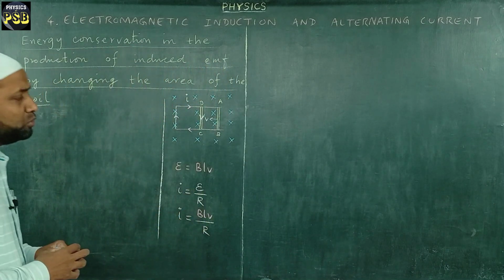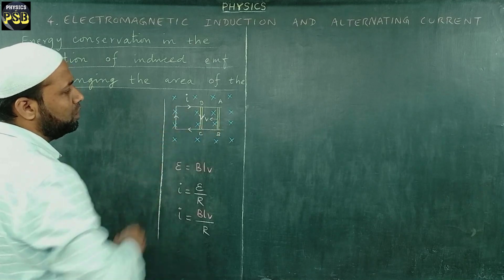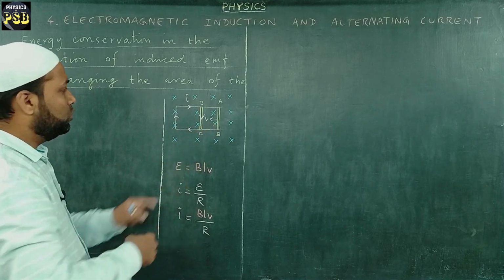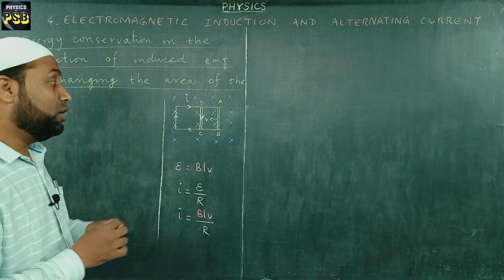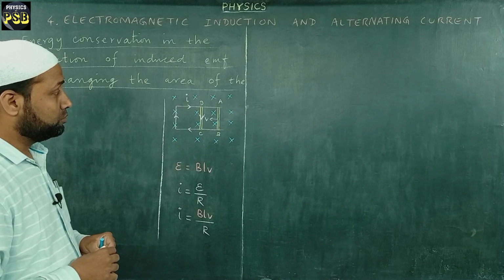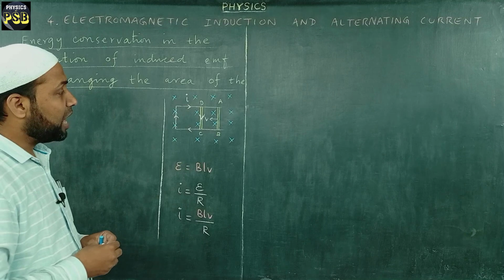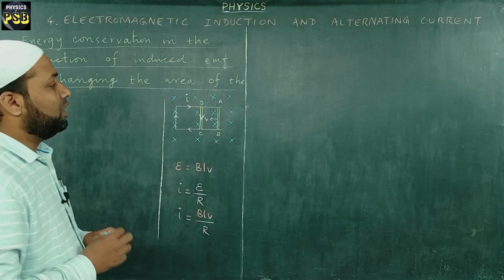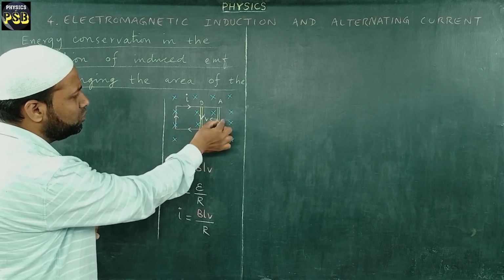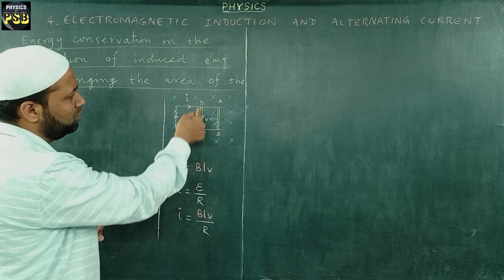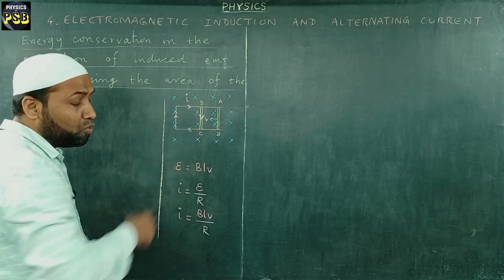So what I have done here to produce electrical energy, I have moved this rod AB towards the left side with velocity V in a magnetic field. When I do so, it means I am carrying out some mechanical work. Now before that, let me explain this part. Here, due to the motion, some induced current flows in the metal rod in the downward direction.